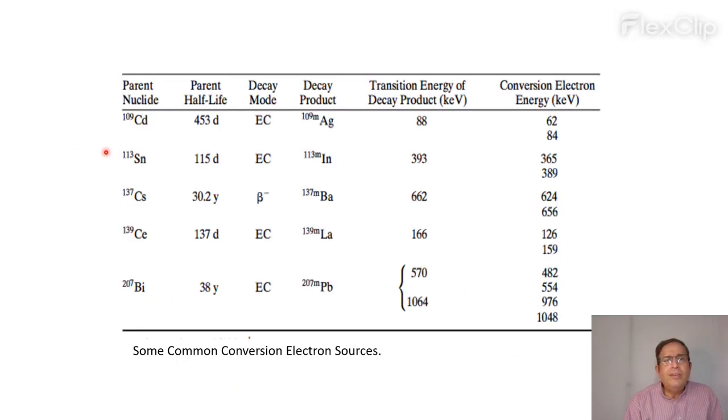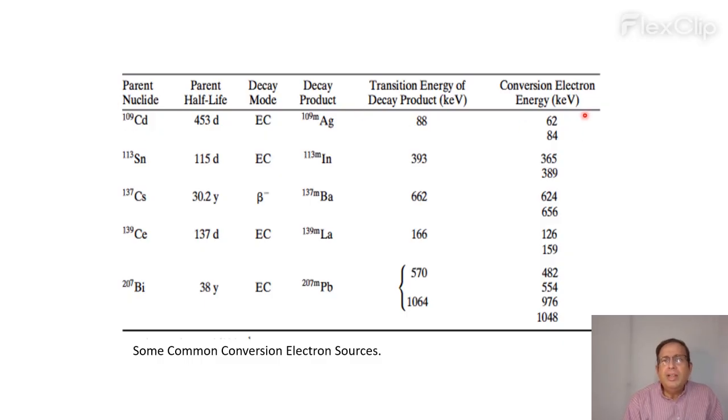So here generally we are showing different parent nuclei which have different half-lives, which decay by different modes like electron conversion or beta emission, and their decay product energy and the conversion electron energy is also shown. The transition energy of the decay product is 88 in the first case, cadmium-109.